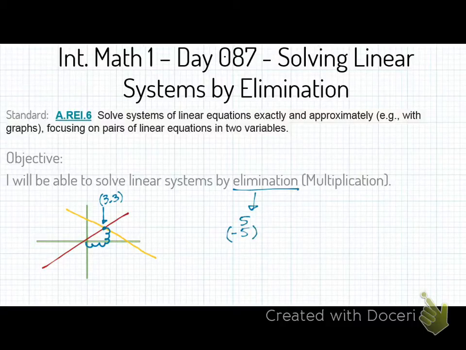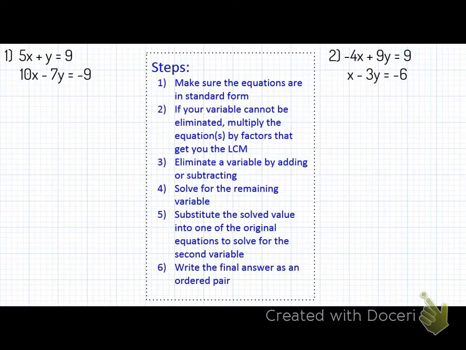We could add the second one, right? 5 plus -5 is 0. This eliminates. Or another way we could look at it is, let's say we had two of the same number, we could actually subtract this second number. 5 minus 5 is 0. Anyways, that's the idea. So I'm going to show you a couple of them here, and then I'm going to have you practice a couple of them.